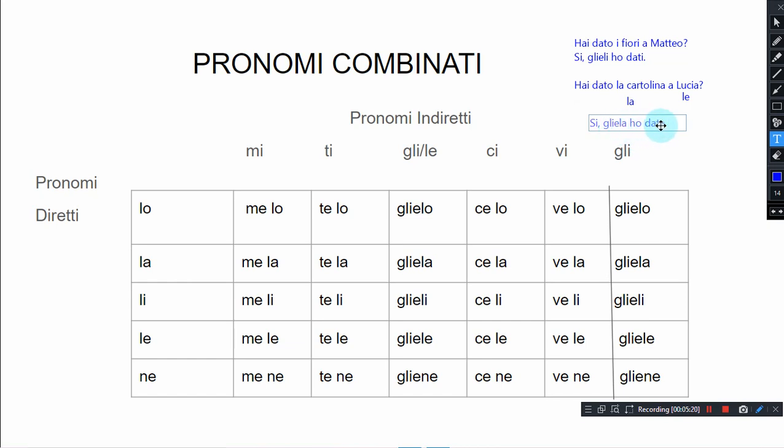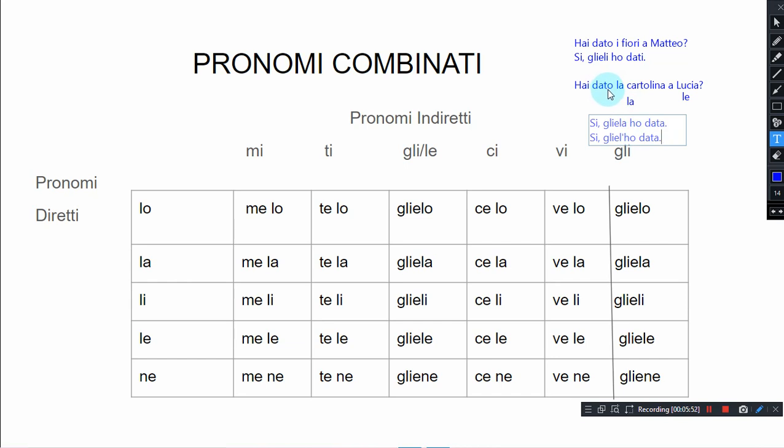Here we used a sentence in simple past tense, which means that we need an auxiliary verb, and here it is ho. In this case, the last letter of the direct object pronoun la will drop, and there will be an elision: gliel'ho data. Why data?